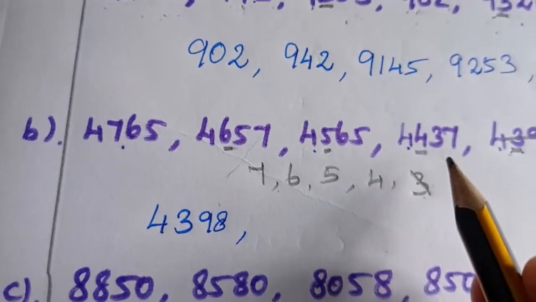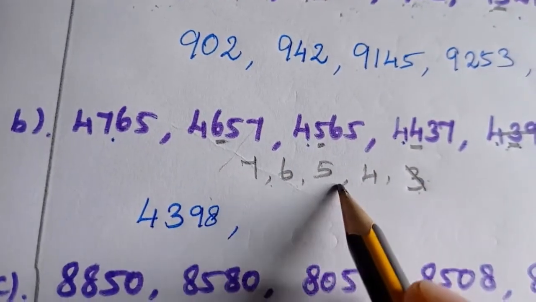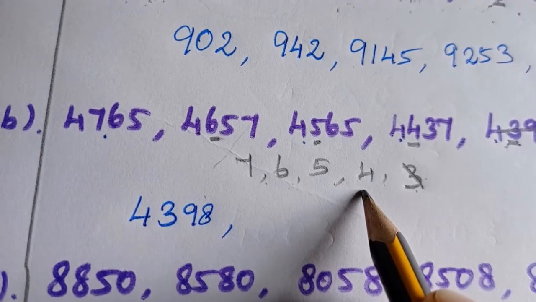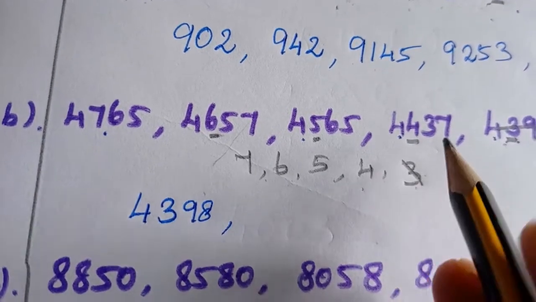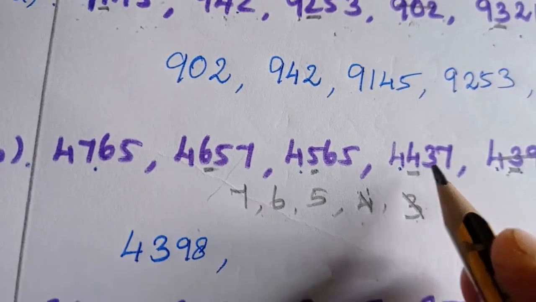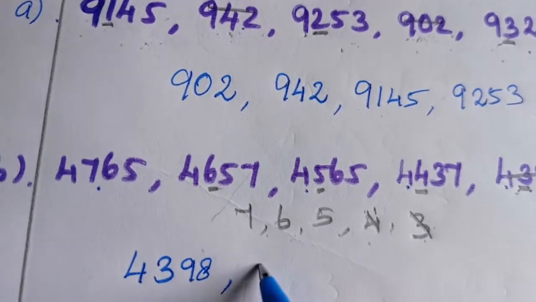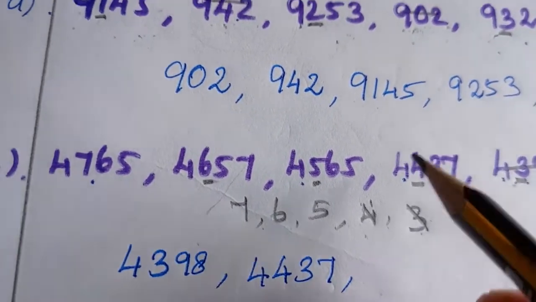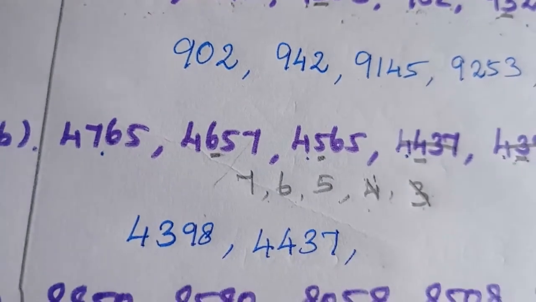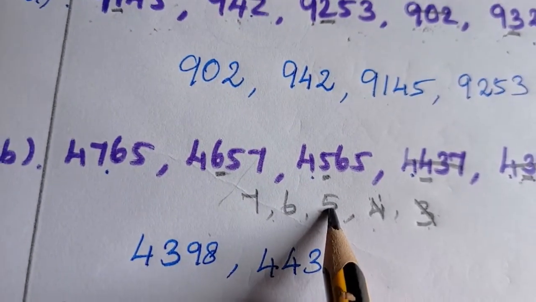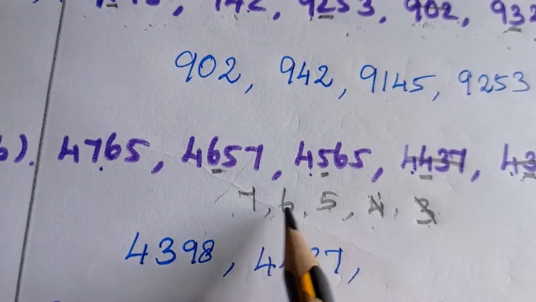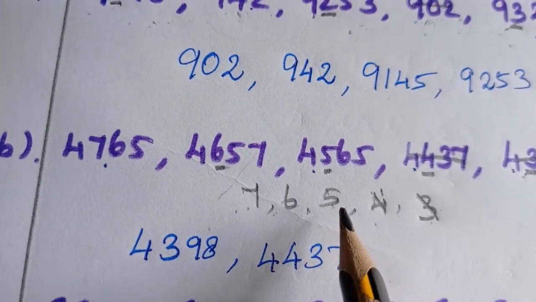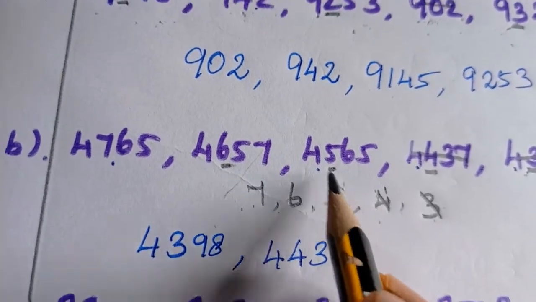Then next, among these 7, 6, 5, 4, which is the smaller number? Yes, 4. So 4 belongs to this number. So you can write 4437. Okay. So once you found it, just cut it. Next, among these 100 place values 5, 6, 7, which one is the smaller one? 5 is the smaller one.